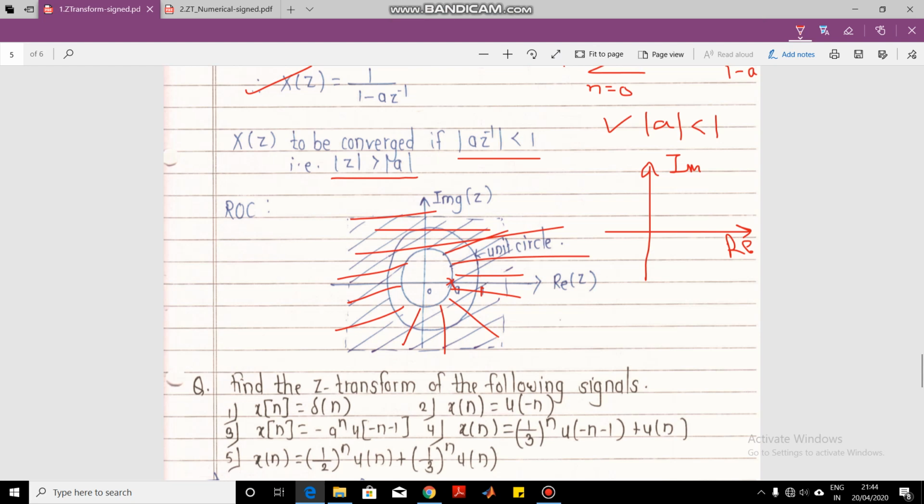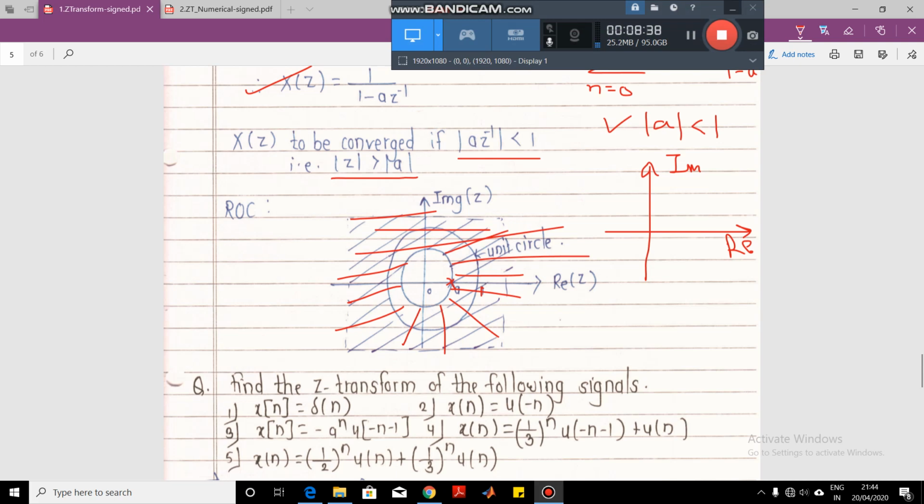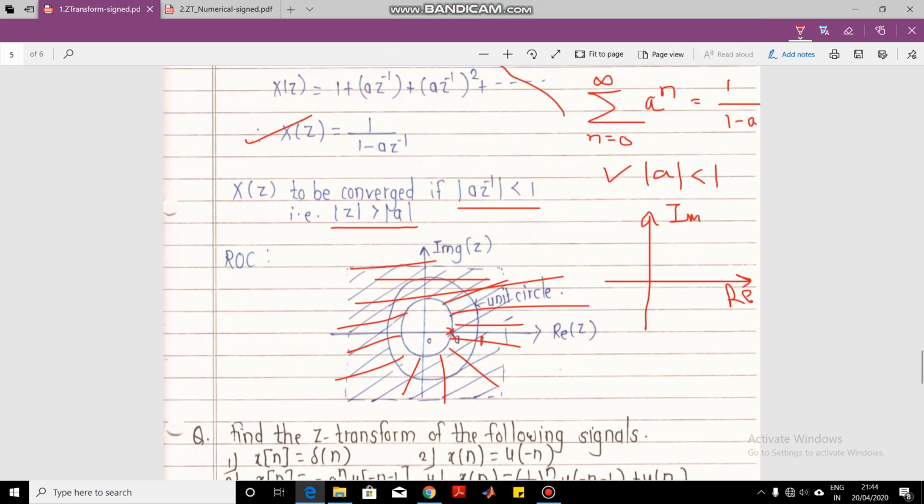Now in this case, the ROC includes the unit circle. After looking at this diagram, we understand that in this case, the ROC includes the unit circle. This is the conclusion. So this is how we solve the numerical on the Z transform for an infinite duration sequence.